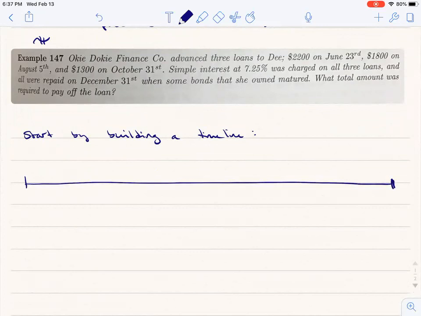And then what you want to do is you want to figure out how many dates do you need to put on there, right? And so first thing I would go through and do, and so there was a loan on June 23rd, and then August 5th, and then October 31st, and then don't forget about the date that they were all repaid on December 31st, right?